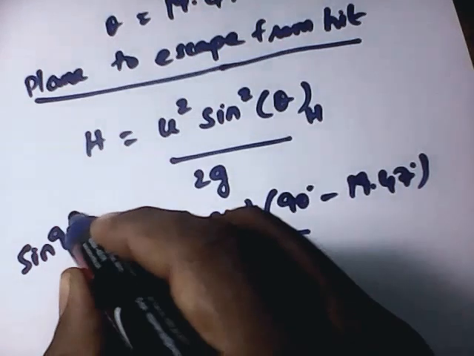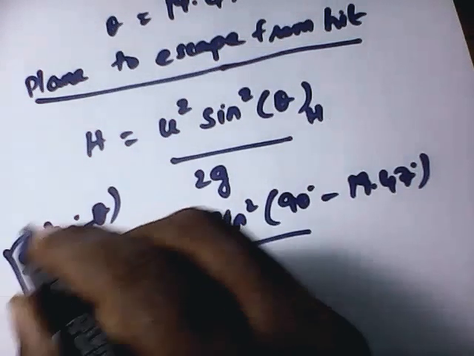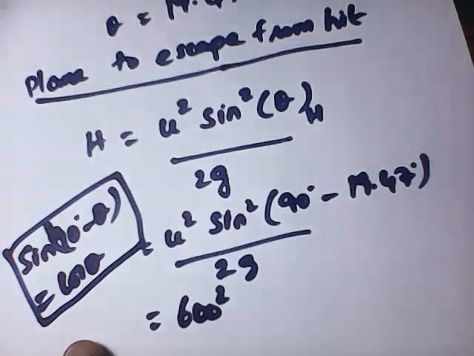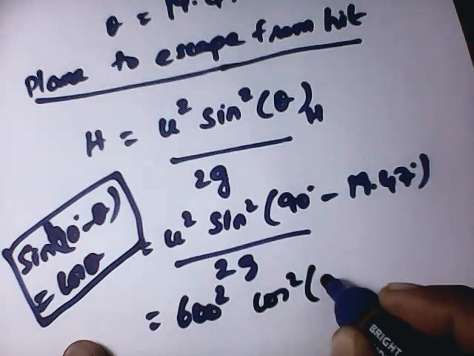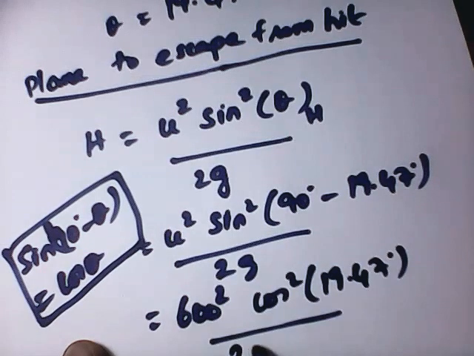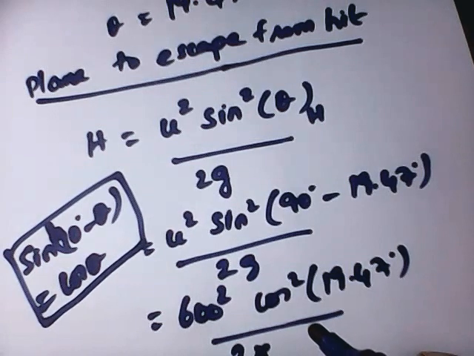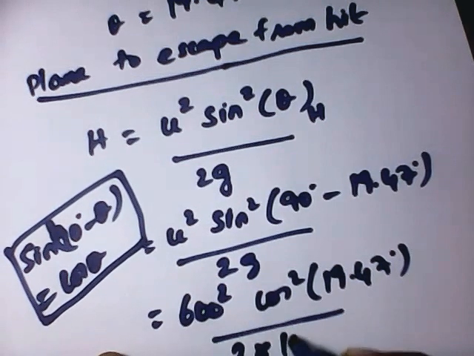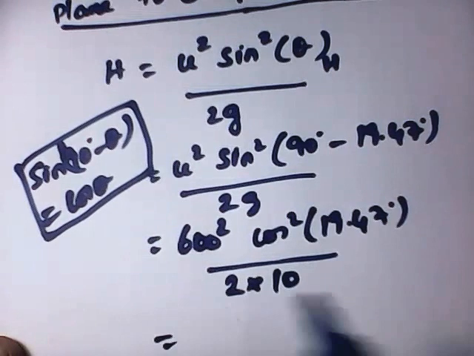We know that sine 90 minus theta is equal to cos theta. Using this formula, we are getting cos square 19.47 degree by 2 into g. Here g value is 10.